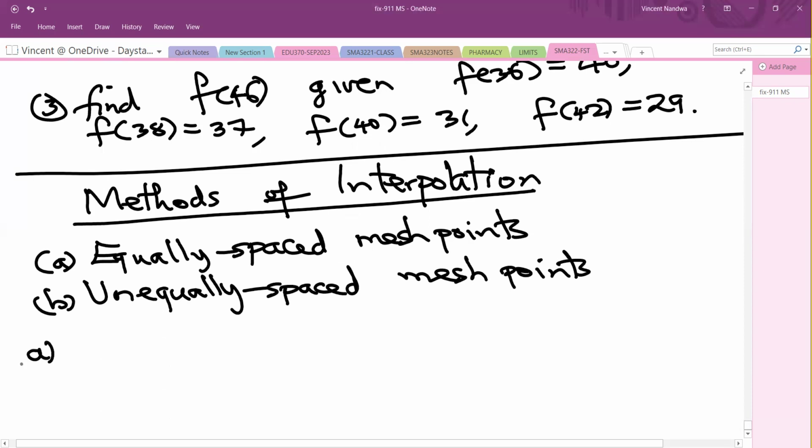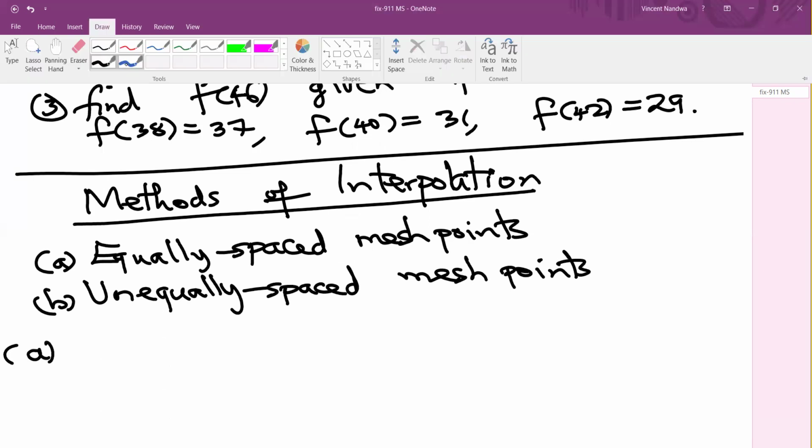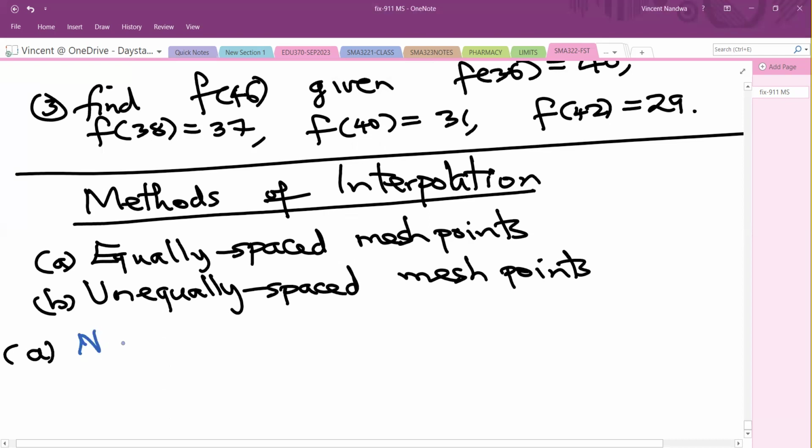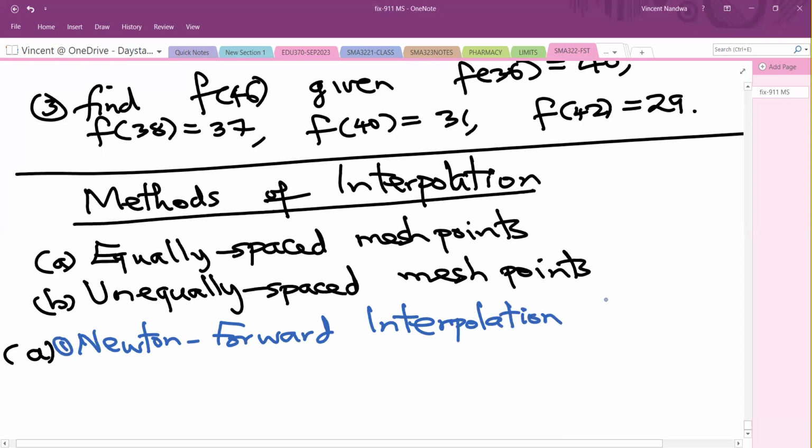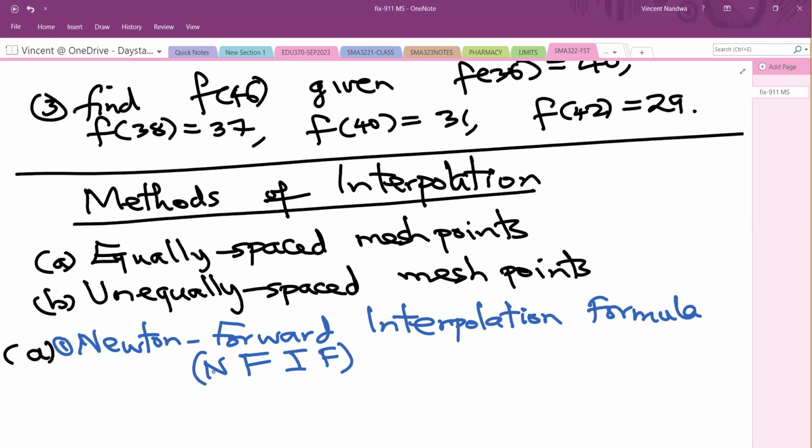So for A, we have number one, the Newton forward interpolation formula, which will be abbreviated by NFIF, or some people say Newton forward difference formula, which will be abbreviated by NFDF. So the word interpolation can be replaced by difference.